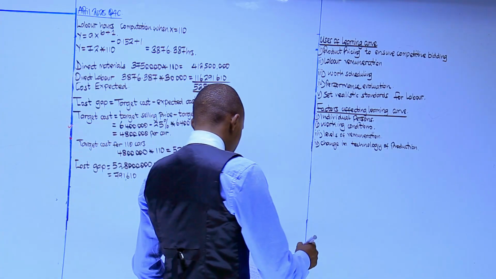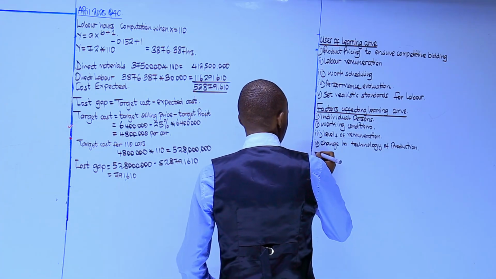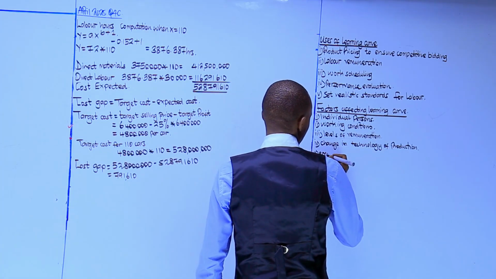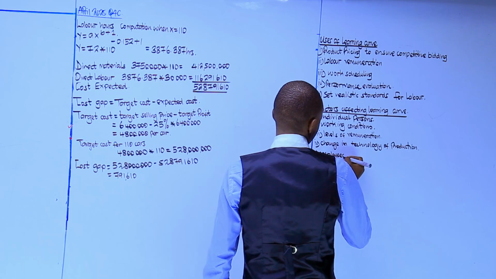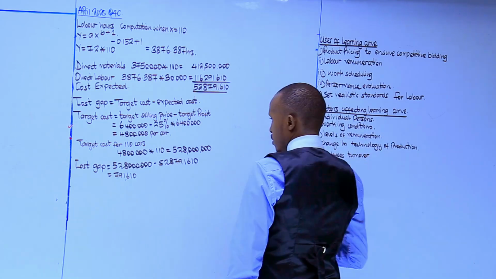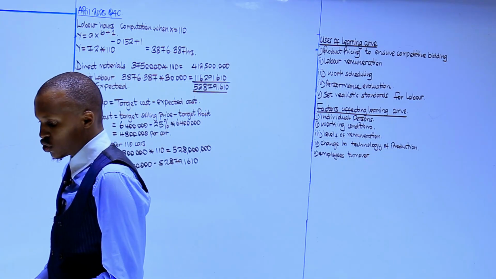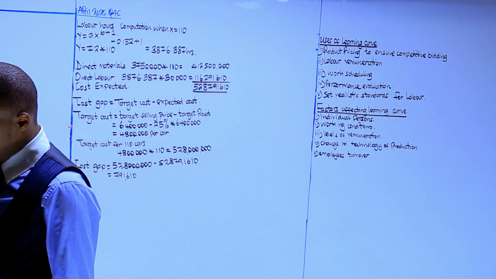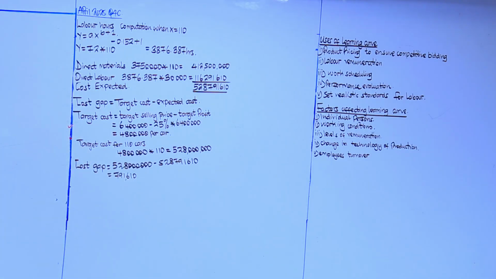Then number five is employee turnover, the rate at which employees join and leave an organization.